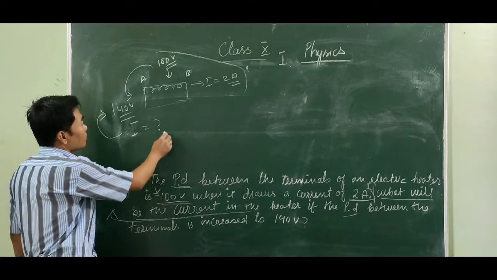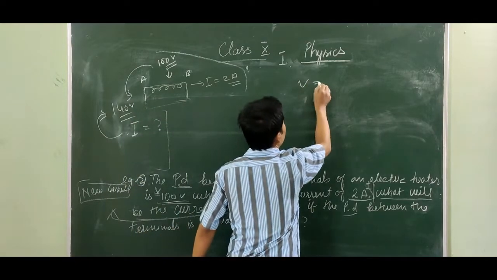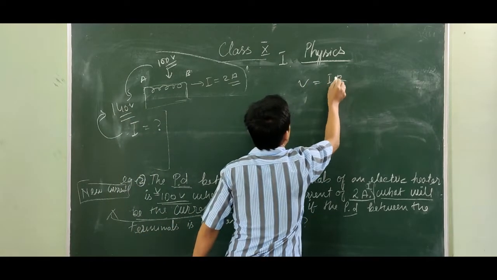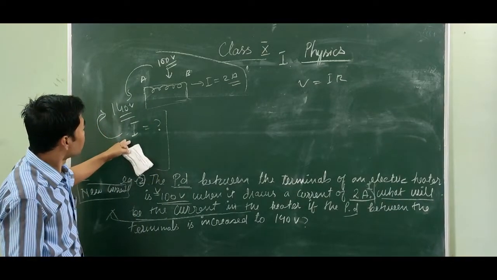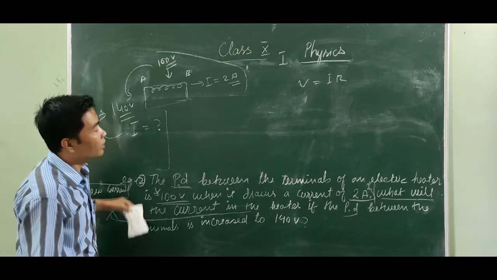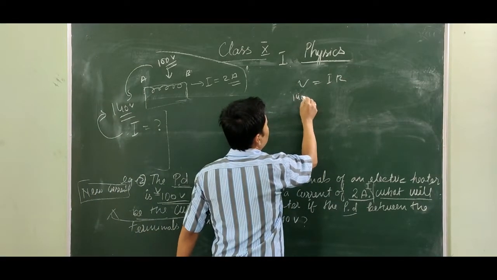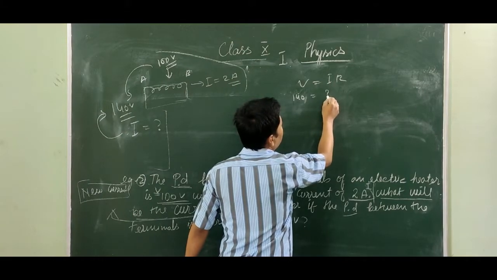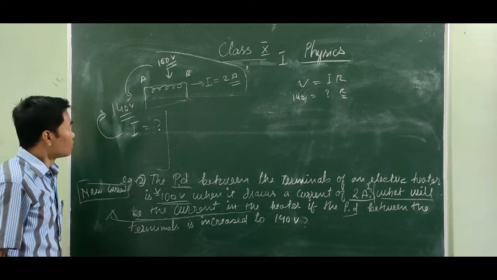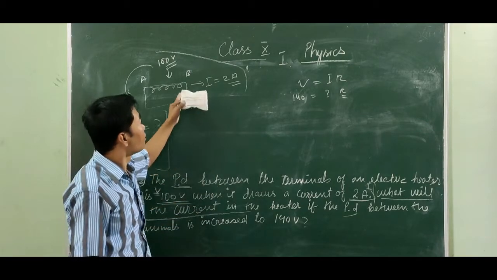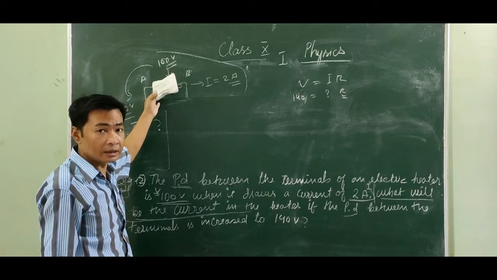From Ohm's law, we know that V equal to IR. But in the second question, there is no R given here. We have V only, 140, and we have to find out I. But without R, we cannot find I. So we have to find the resistance of this electric heater first, because it is the same electric heater.